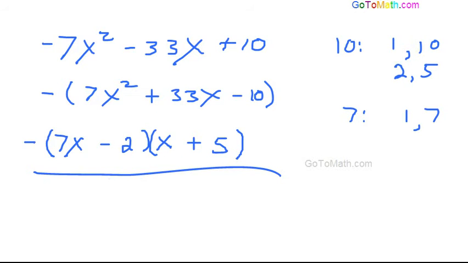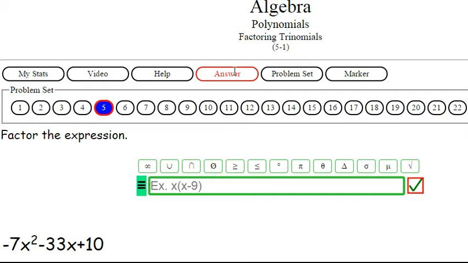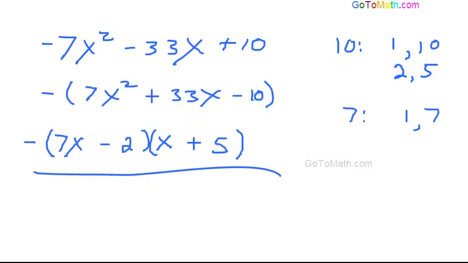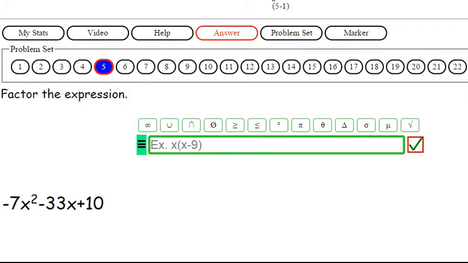Okay, so let's go over here, click on the answer, and make sure. Now I noticed something in this problem.